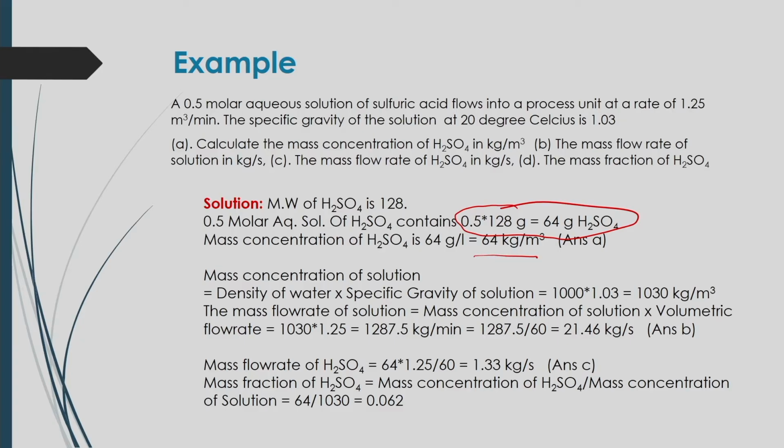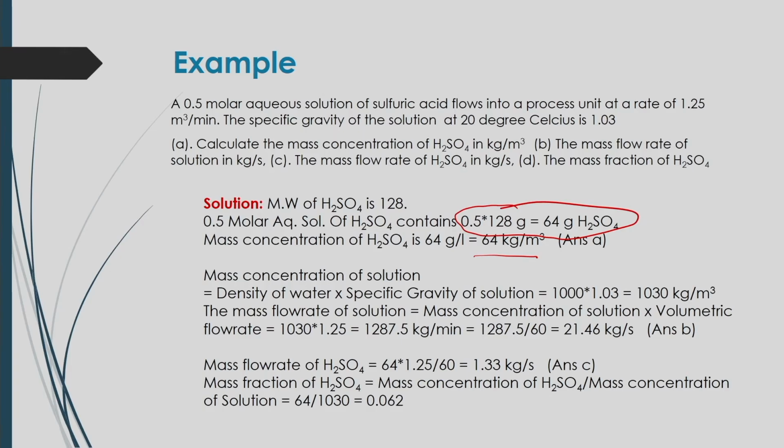And what should be the mass concentration of the solution? You can calculate that easily by multiplying the density of water and the specific gravity of the solution, because specific gravity of a material is defined as the density of that particular substance upon the reference material's density. Since it is a solution, we have to take the reference material as water.